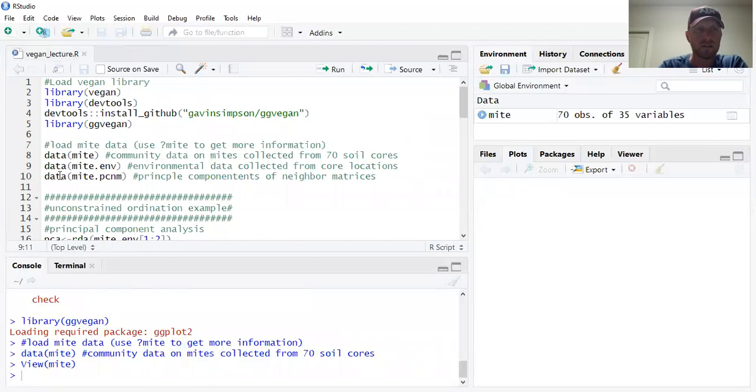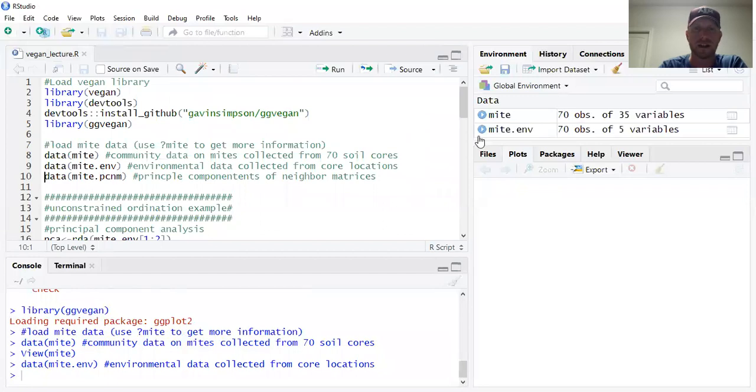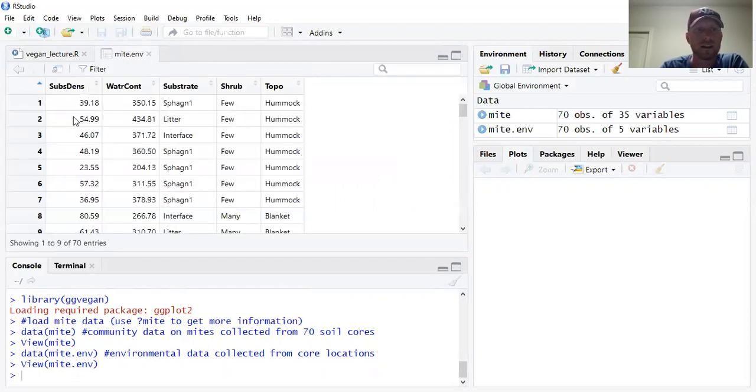There's another data set, mite.env, that has environmental data. If you run data(mite.env), you'll see that there is a data frame that has 70 observations of 5 variables. If you click on that, some background on these environmental variables. So this is shrub density. These mite communities are coming out of soil cores. So this is substrate density. This is water content of the substrate.